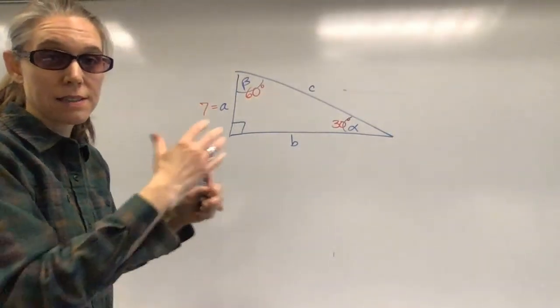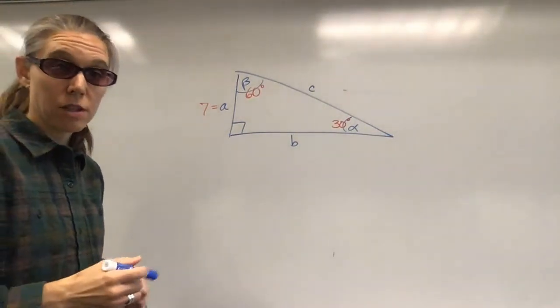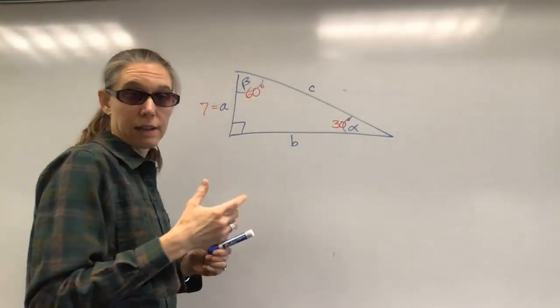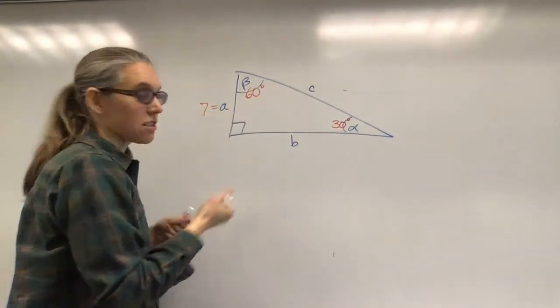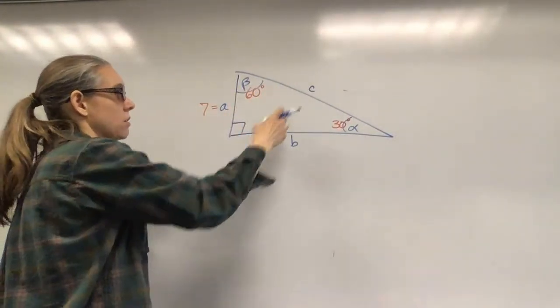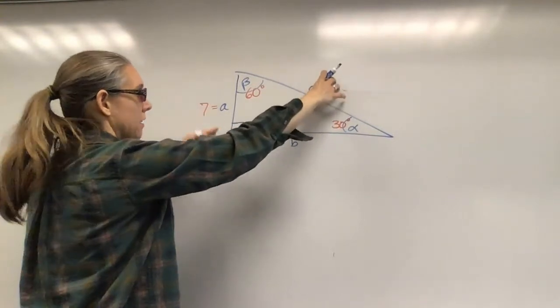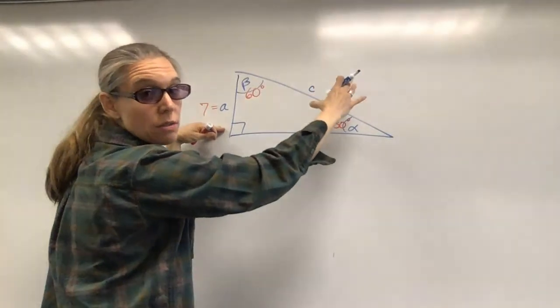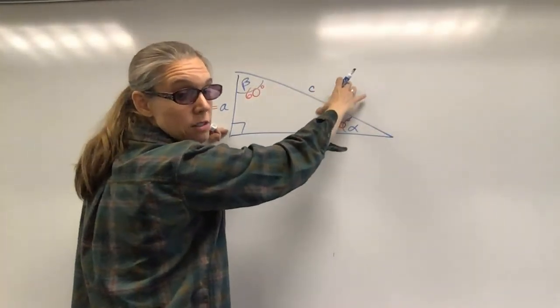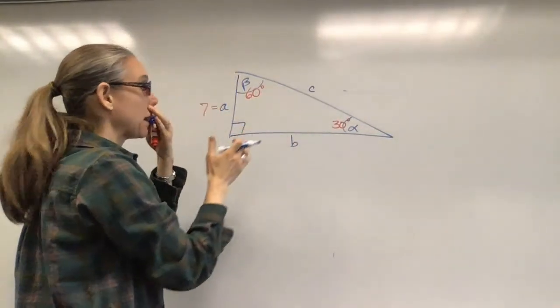Now for B and C, we're going to set up a sine ratio, a cosine and also a tangent. So the reason we're going to use a cosine to find C is because we know the adjacent side and we're looking for the hypotenuse. And you could base this off alpha or beta, it doesn't matter.